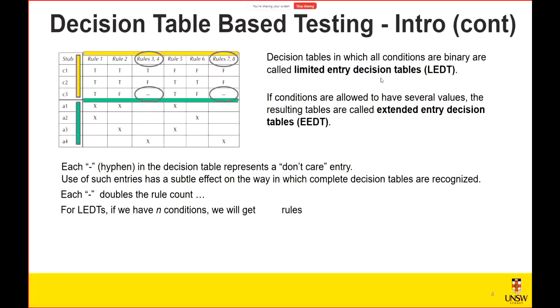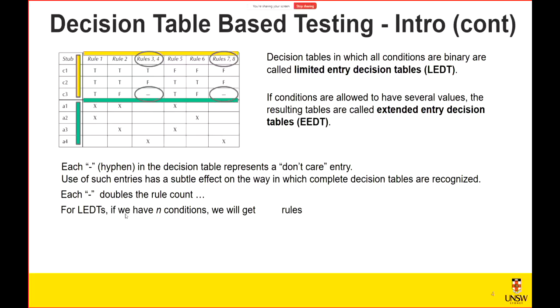So the number of rules needed for each decision table is actually determined by the number of conditions we have, because we are building test cases according to the combinations or permutations of different conditions.